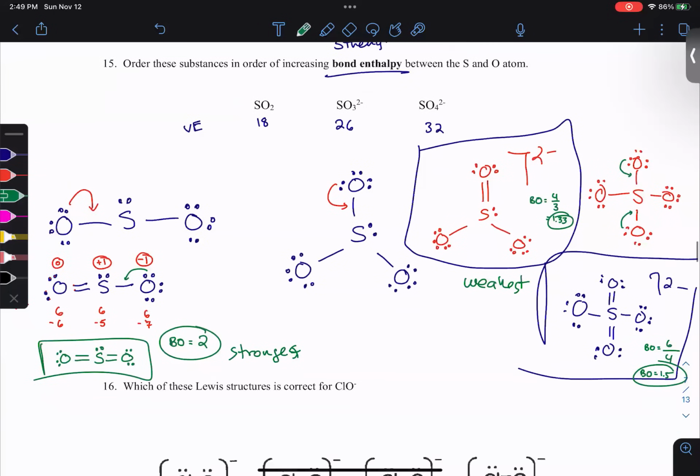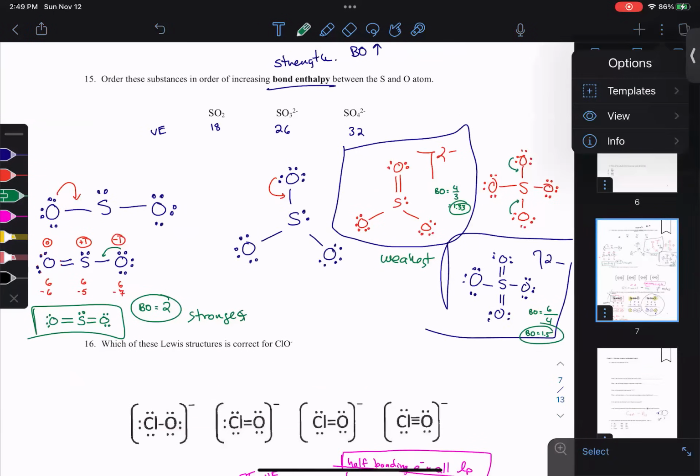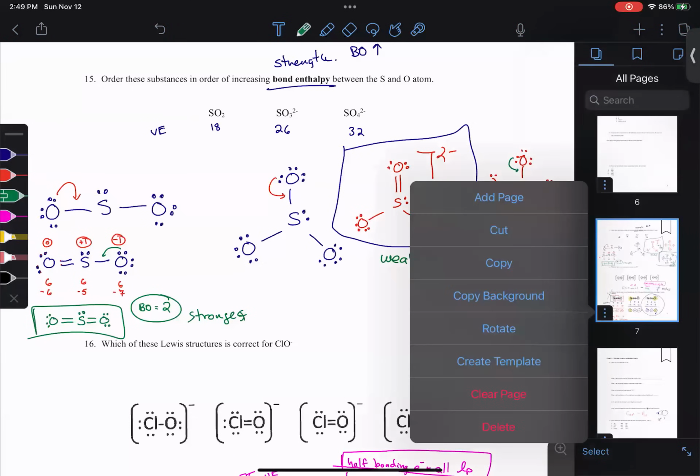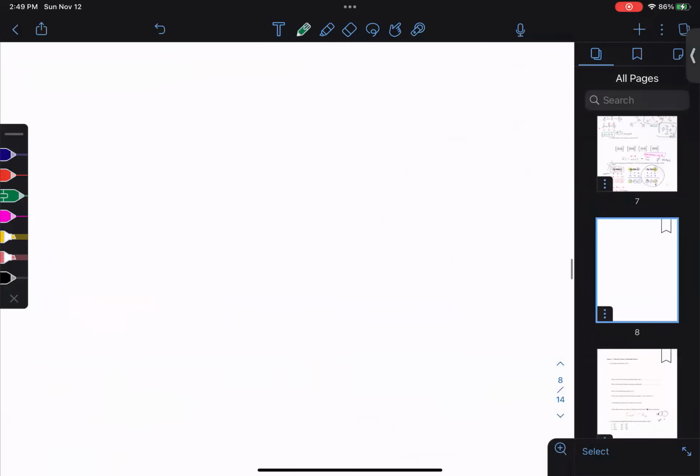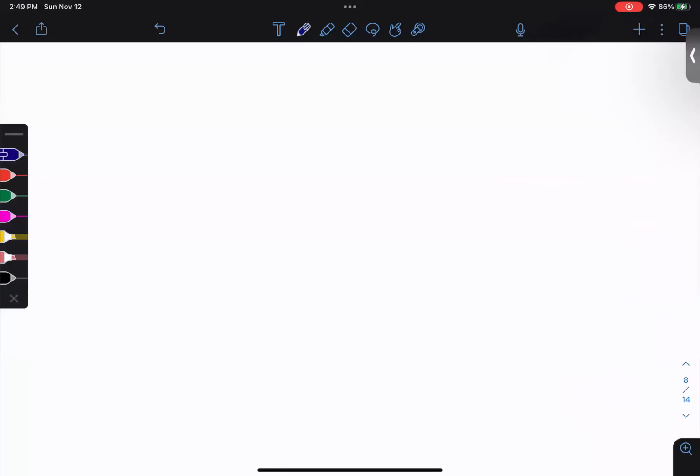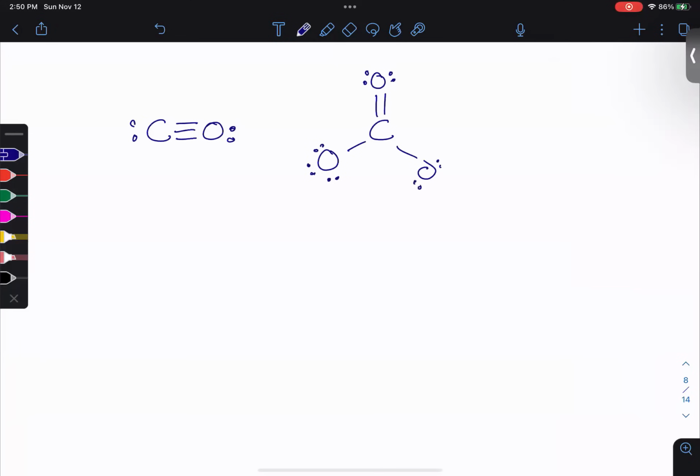Let me do one more, but I will give you the Lewis structures right now. So let me just add a page real quick. Okay, I'm going to give you the Lewis structures, and you tell me which ones have the strongest bonds. Okay, so there's that.